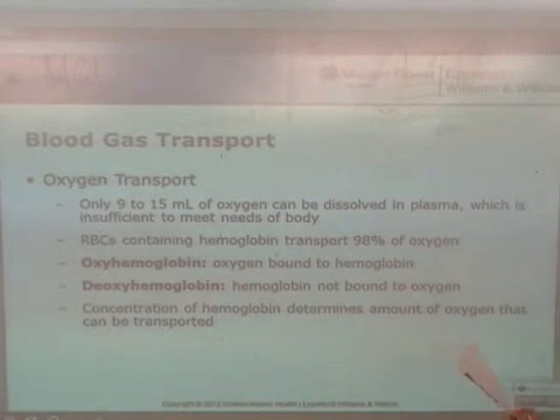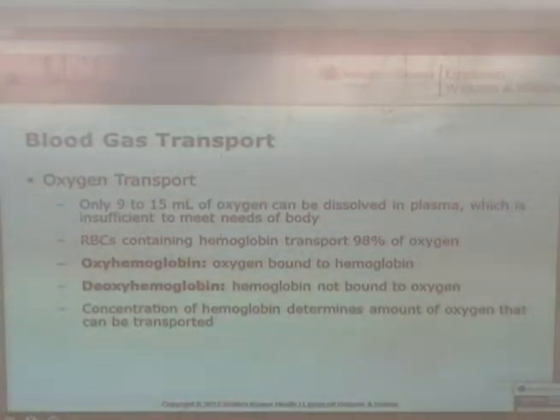Although blood has a high percentage of watery substance, the plasma, oxygen doesn't dissolve very well in that fluid. So very little of the oxygen that we take in gets dissolved and moved around that way.